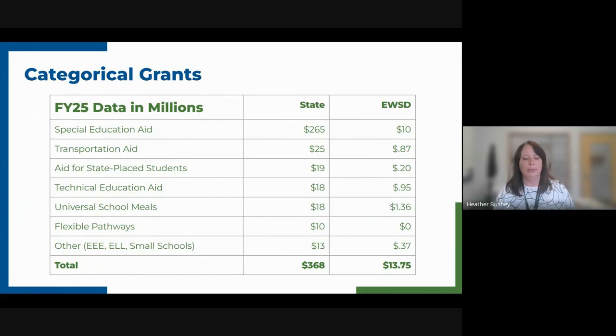That had been put on pause when we first transitioned to Act 127, which was the change in the pupil weights. That just got brought back last year. Last year was the first year that we had that in place since I have been with the district. So I think for maybe 3-4 years, it had been on pause.